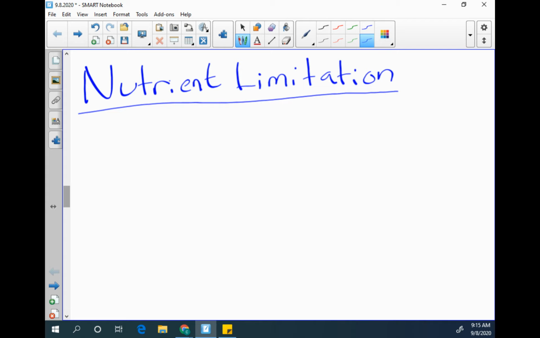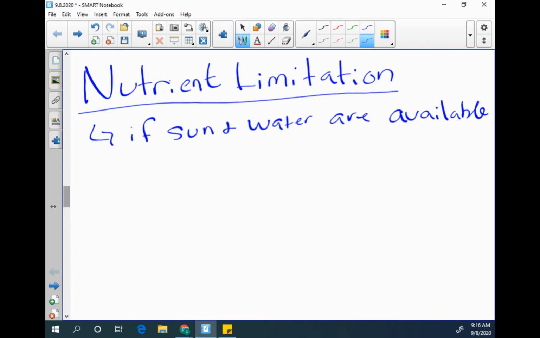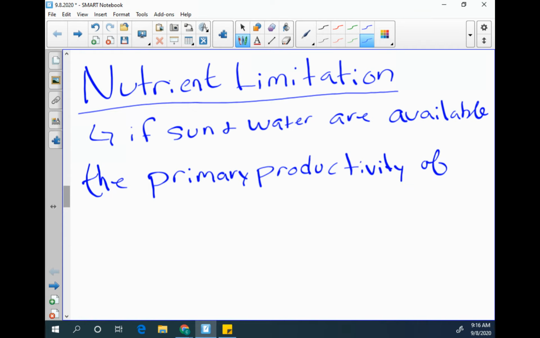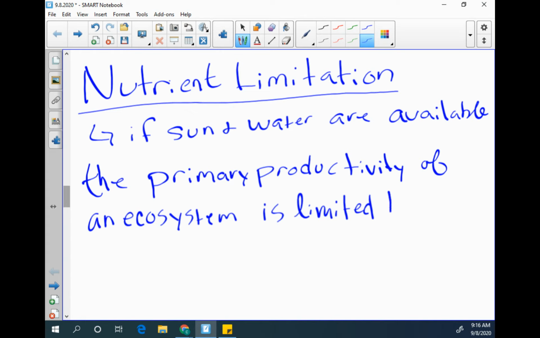Essentially, if sun and water are available, and by available I mean abundant, so we've got all the sun and all the water an ecosystem could need, the primary productivity of an ecosystem is limited by the availability of nutrients.